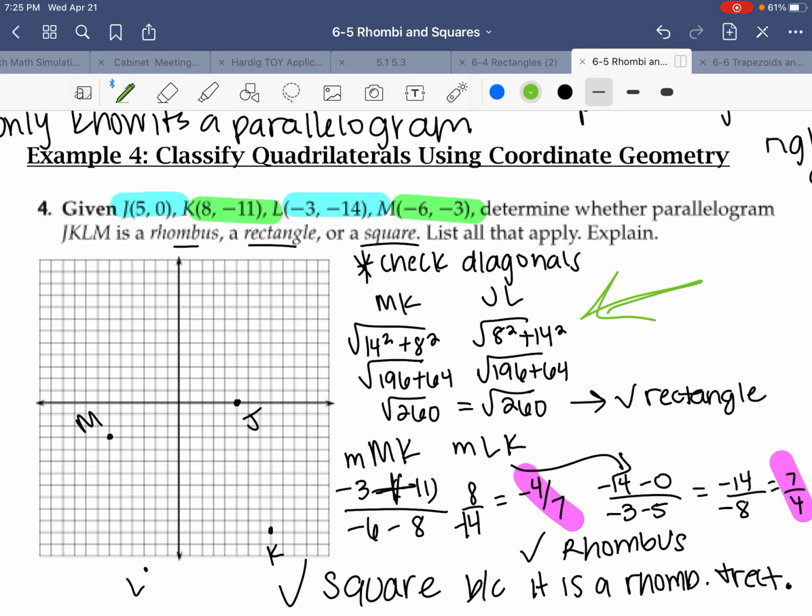If the slopes are not perpendicular, it is not a rhombus. Something can be a rhombus but not a rectangle, and something can also be a rectangle but not a rhombus. If you've proven that it is a rectangle and a rhombus, please make sure that you list that it is a square, because once something is a rhombus and a rectangle, by definition, it's also a square.